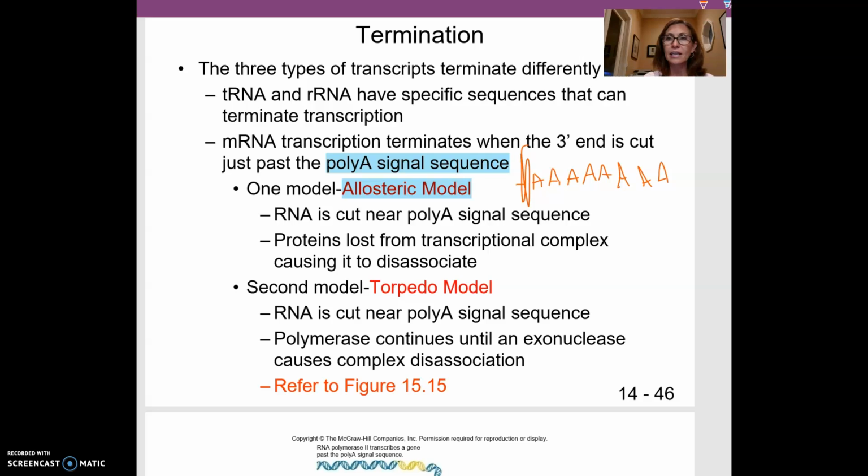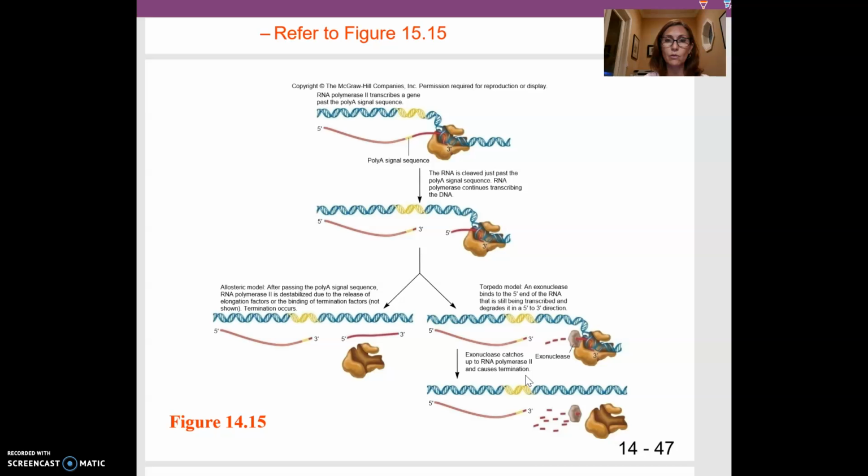The other way is the torpedo model. Yay, torpedo. The torpedo model states that the messenger RNA is cut near the poly-A signal, but the RNA polymerase continues for a little while. So what's going on here?